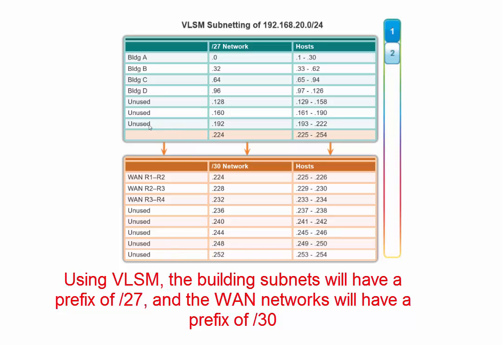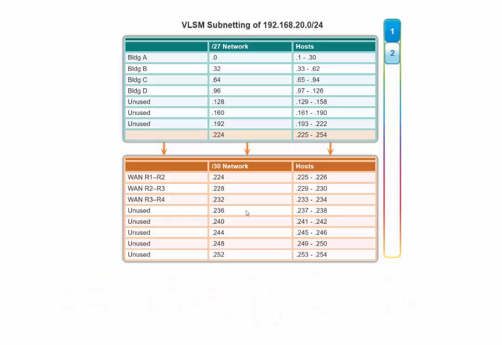So in that case, we ended up with 60 different addresses available here, plus 6 times 2, which is 12, which is like 72 different unused addresses, which can be available for future use. So this is a more efficient way of subdividing the network into subnets using variable length subnet masks.